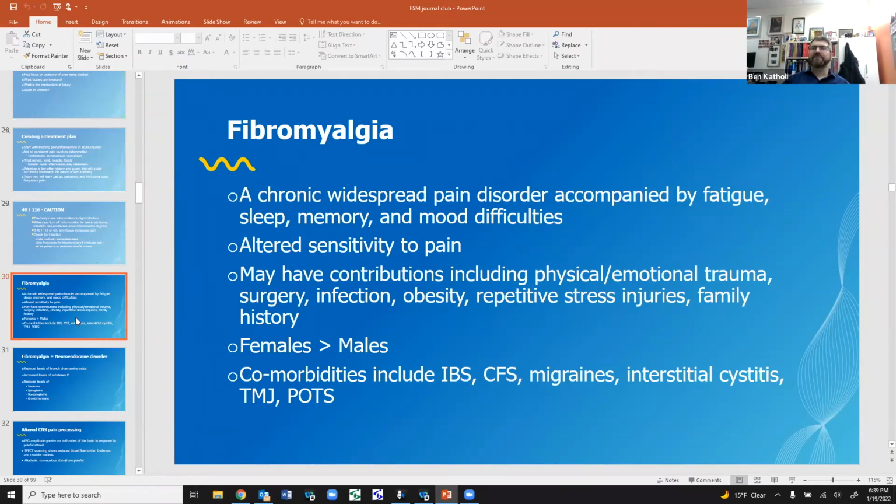But there's a lot of people who meet those tender point criteria, but don't necessarily have this widespread pain sensitivity or cognitive dysfunction. So it's a very broad term, and I don't get wrapped up in it. I try to look at what patients are doing functionally and really look at the big picture.